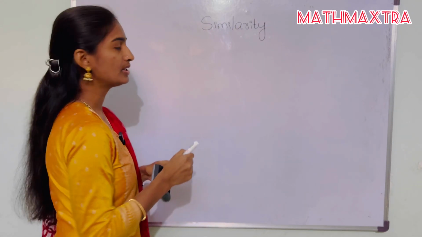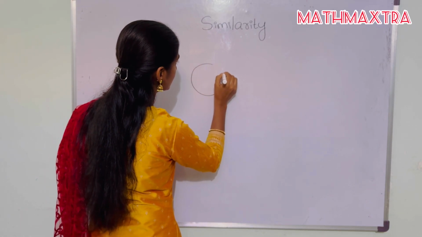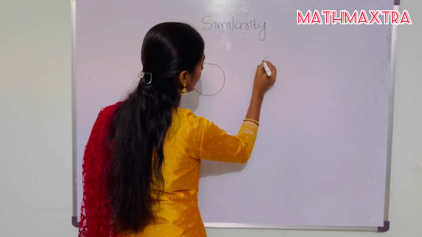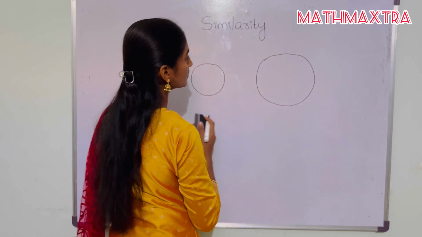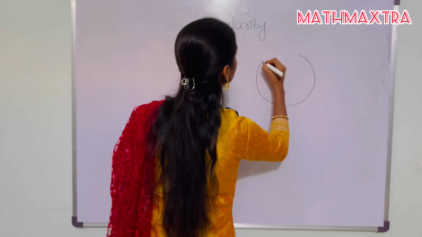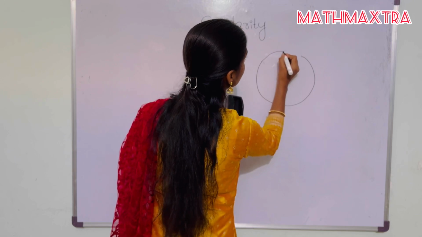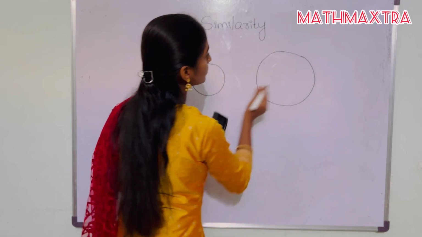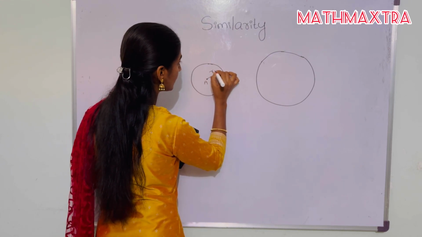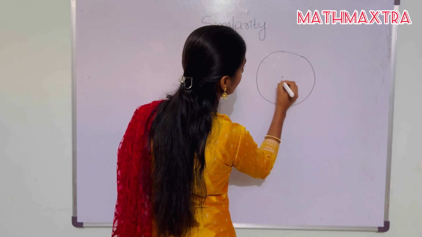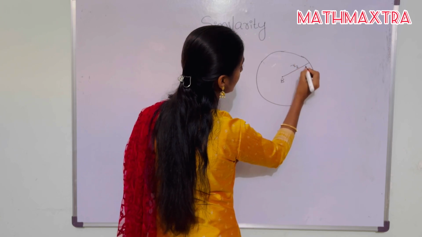Next, any two circles. One circle is like this and the other circle is like this. This is one circle with center A with radius R1 and this is another circle with center B with radius R2.